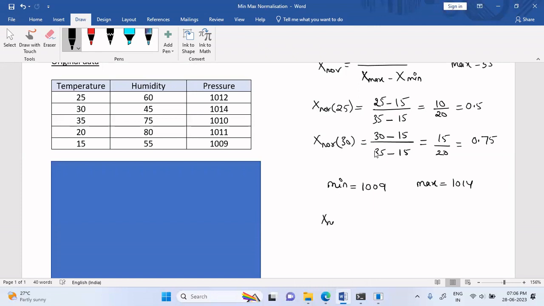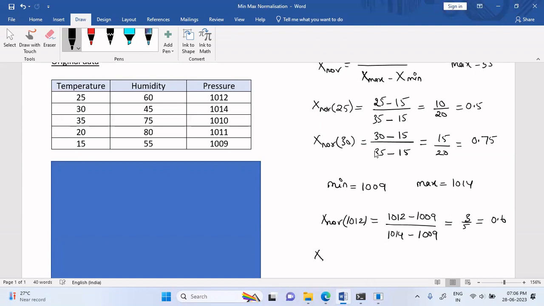X normalized for the first value 1012 is 1012 minus the minimum value 1009, divided by 1014 minus 1009, which gives 3 by 5, equal to 0.6. So 0.6 is the normalized value for 1012.